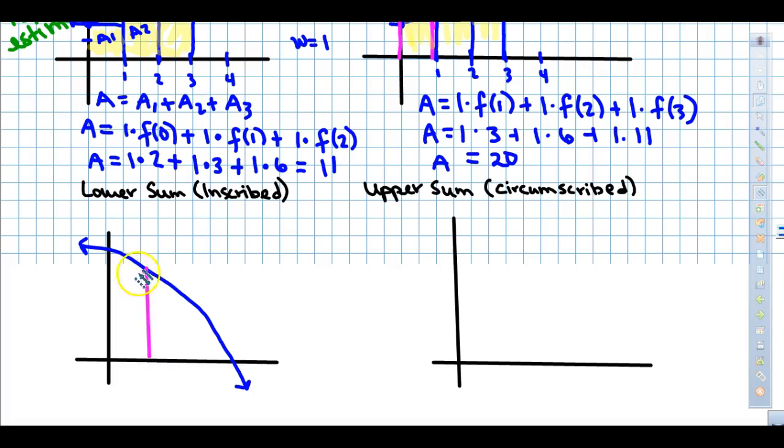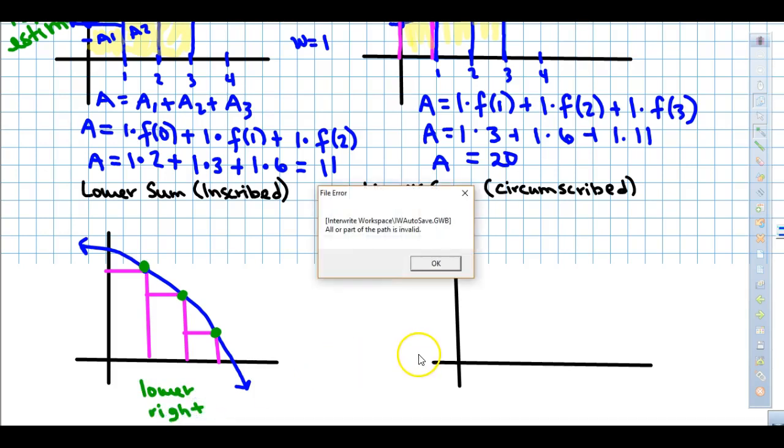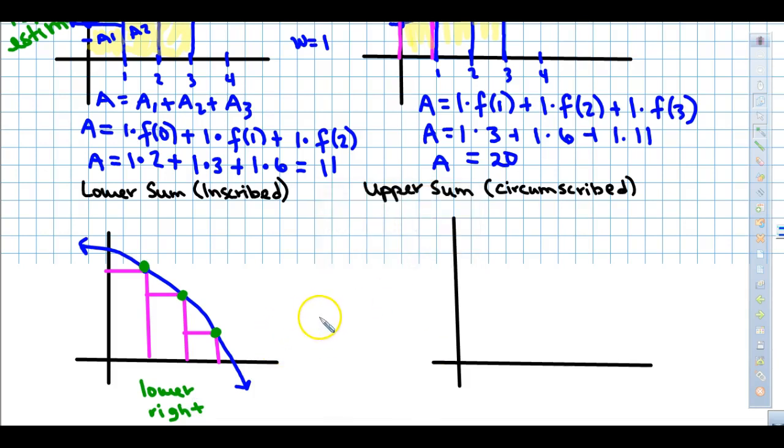If I wanted an inscribed rectangle, do you notice how this is actually going to be a right Riemann sum? And the reason it's a right Riemann sum is because all the right top endpoints are on the curve. So this is an example of a lower sum that is a right Riemann sum. That's why I told you a while ago, do not think that left means lower. It's just not true. Okay?